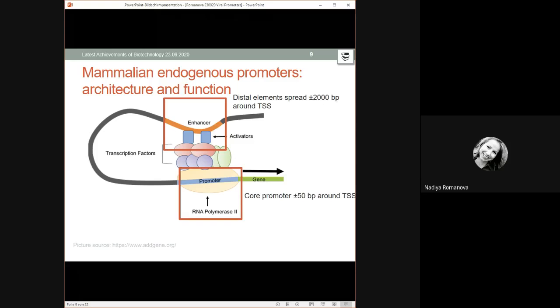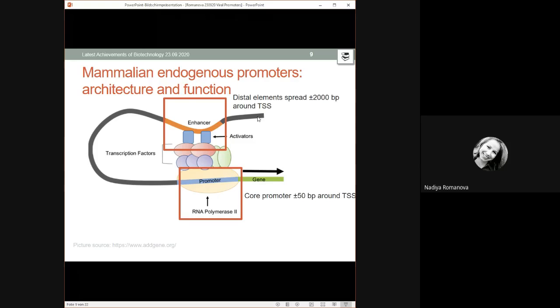They also can be not only preceding the gene, because the DNA strand can loop, these distal elements can be spread everywhere. They can also be after the gene. So to actually get the whole promoter as it is in the native state in the mammalian cells, it is a very hard job.